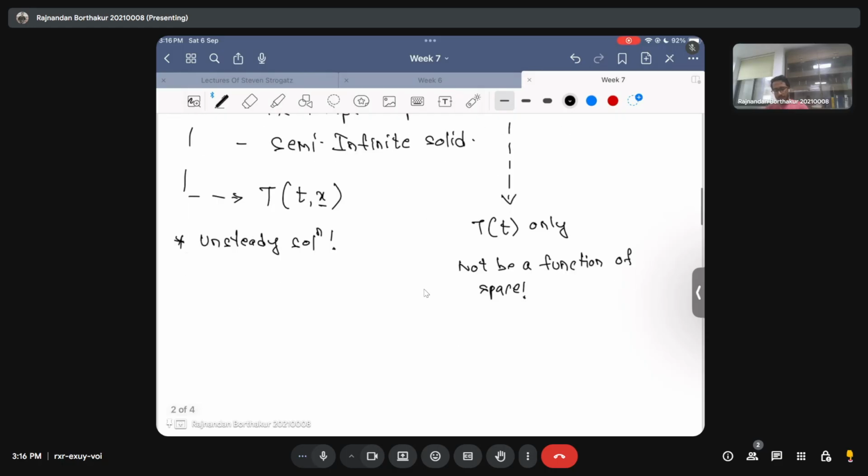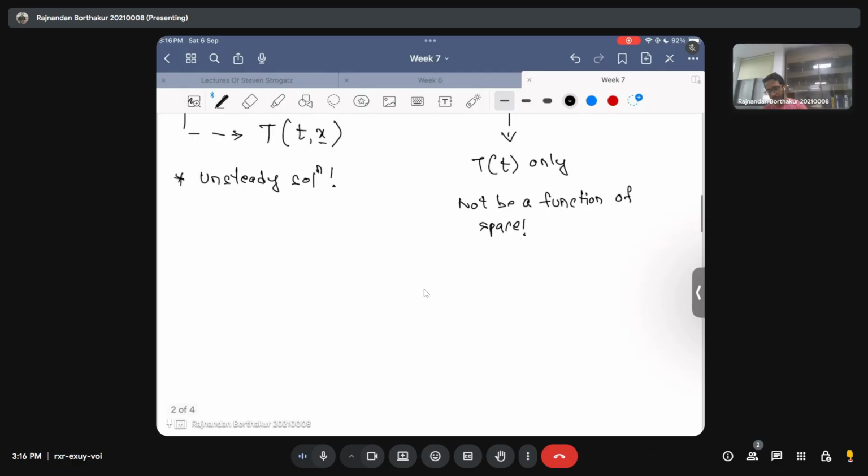Okay, for instance, let's say I consider a body. A typical example where this kind of situation arises in industry is a process known as quenching.